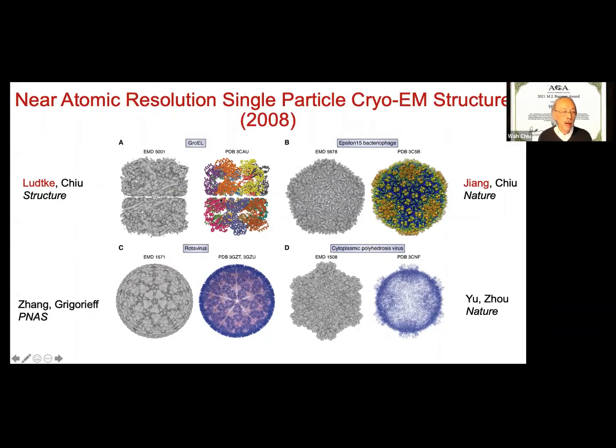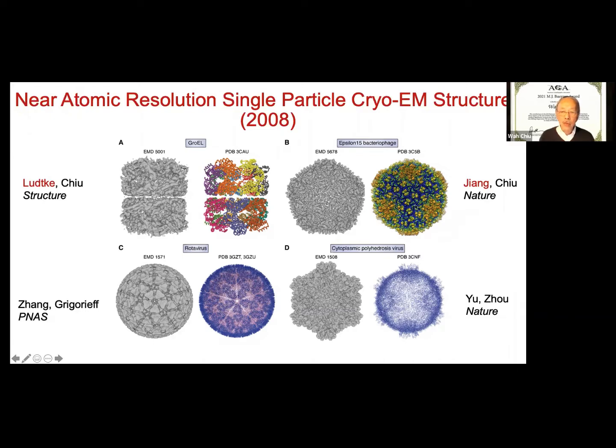Two of them were from our lab. In one, we used cryo-EM to demonstrate that it could be done, because the crystal structure was known from Paul Sigler's group by crystallography. Then we also applied it to an icosahedral bacteriophage called Epsilon 15 with Jonathan King at MIT. This was really exciting because no homologous structures of this virus or protein were known at that time.